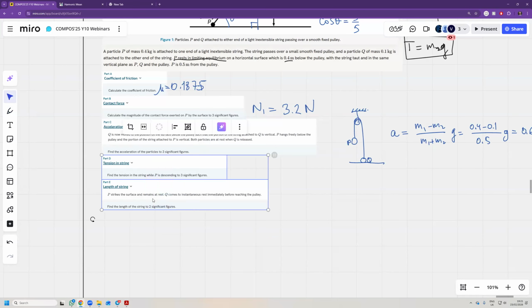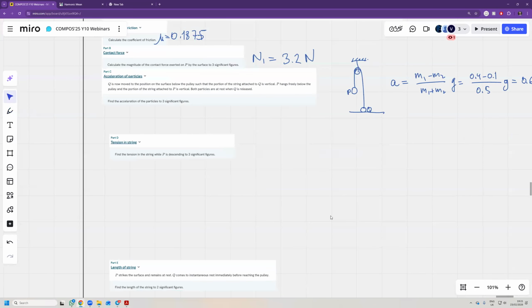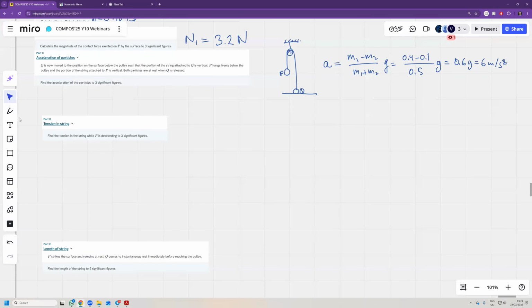Now, find the tension in the string while it is descending. Well, you already know that too, because we've done this question before. So if we look at mass P, M1G and tension, and it's accelerating down at 6 meters per second squared.